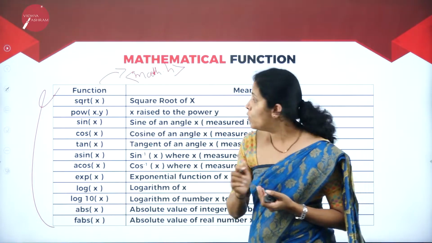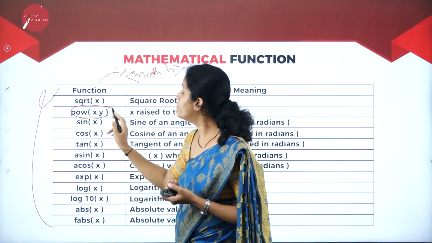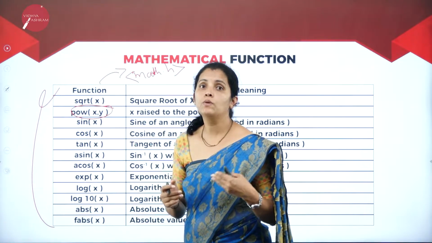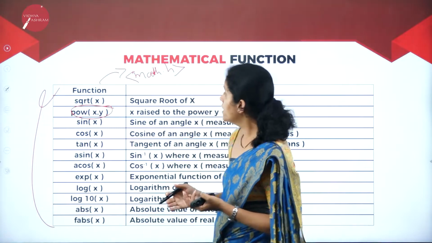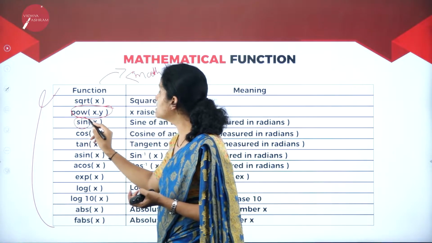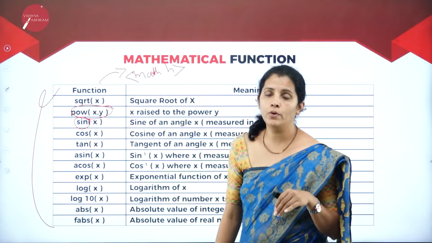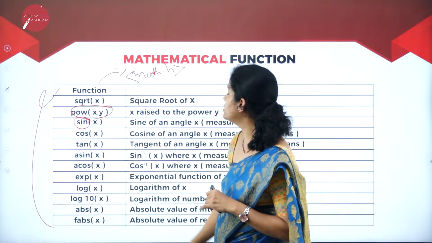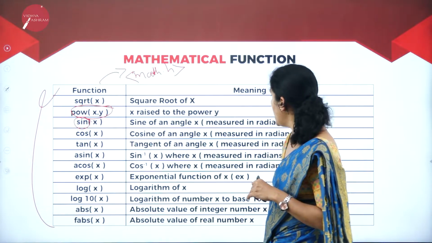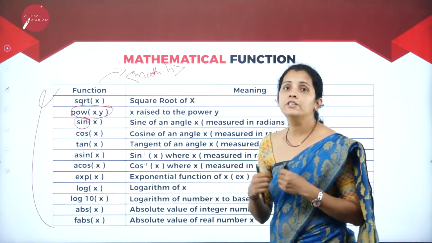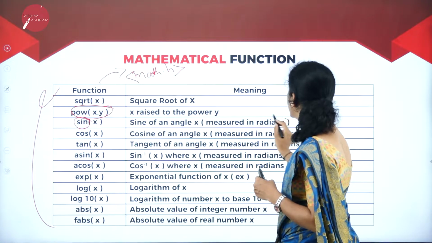And if I want to find the power of a given number, I'm going to use the power function. If I want to find the sine of a given number, I'm going to have the built-in function sine. So sine of angle x is measured in terms of radians.